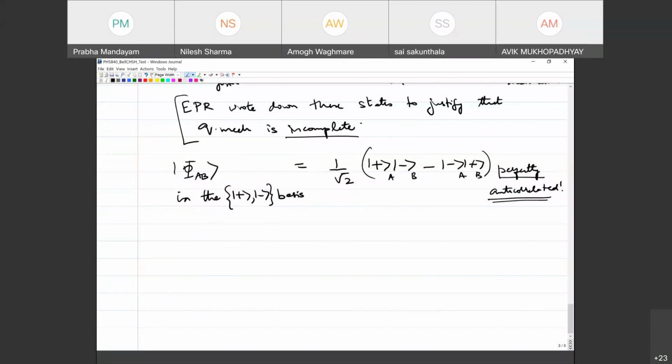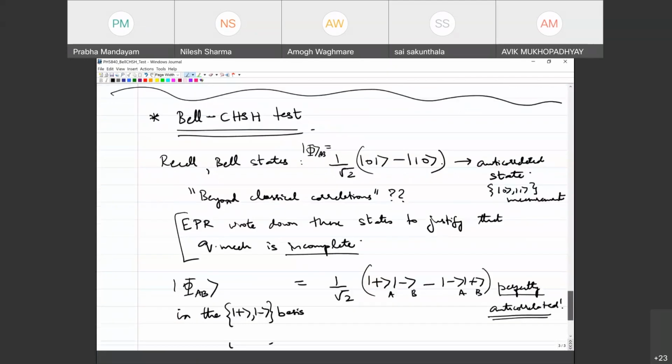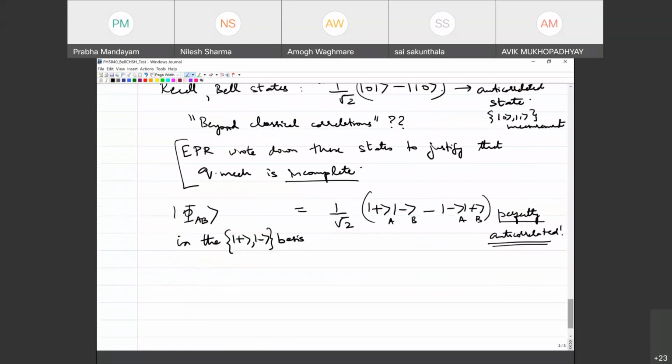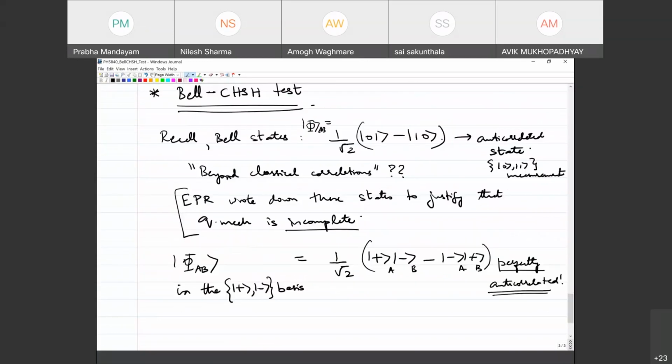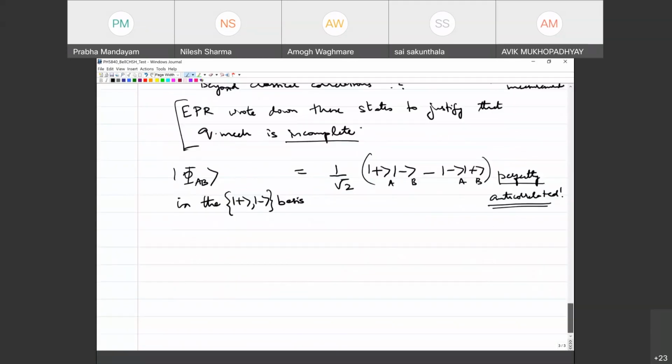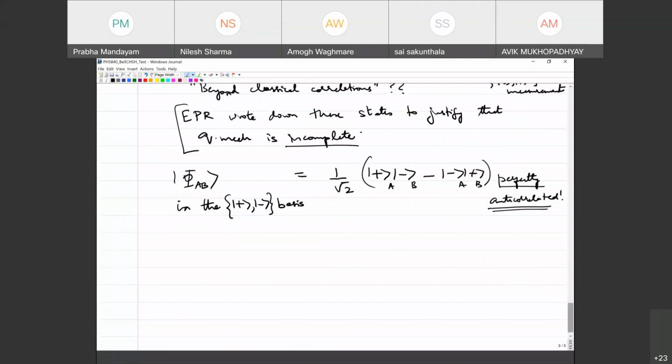So this is a state where the correlations are exactly the same, whether you're in the 0-1 basis or in the plus minus basis. The point is that if one of the parties were to measure in one basis, they know what the outcome is if the other party were to measure in the same basis. But they actually don't know a priori what basis choice the other party is making. Despite the fact that there is a non-locality in play here, I can think of these two parties as being in two separate labs.